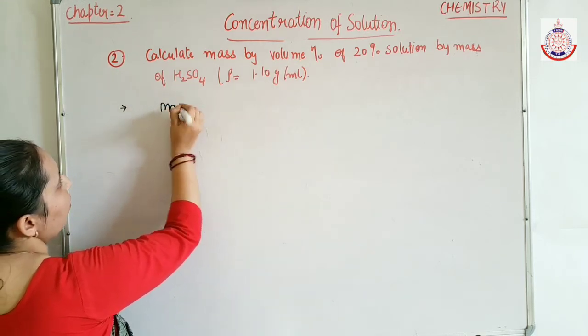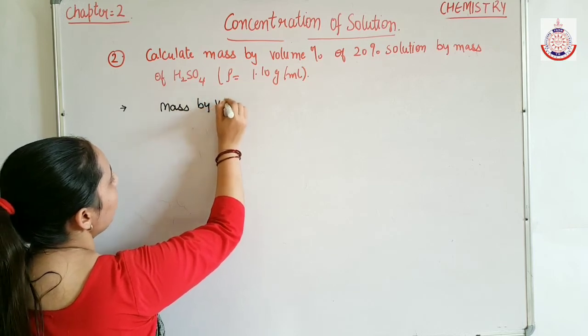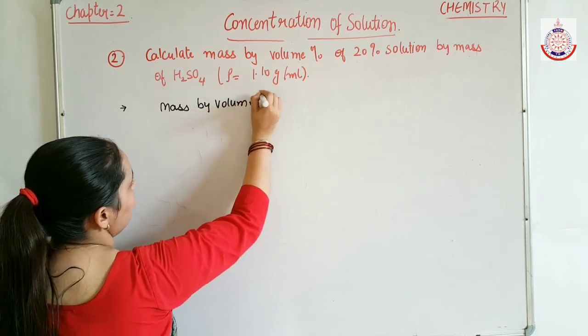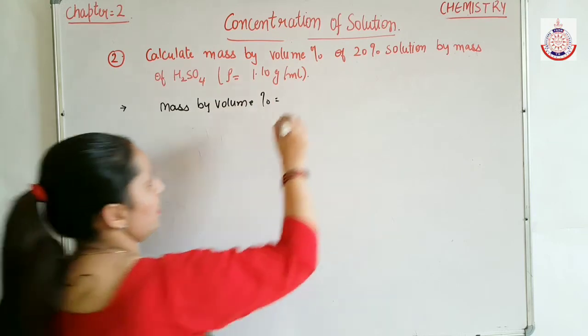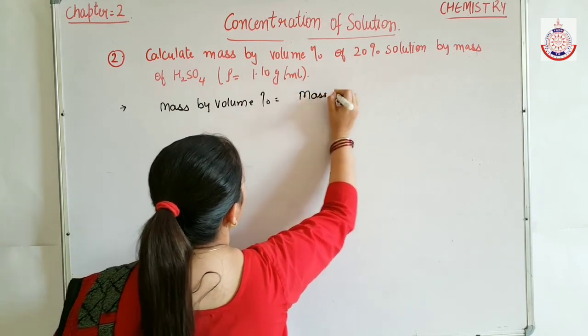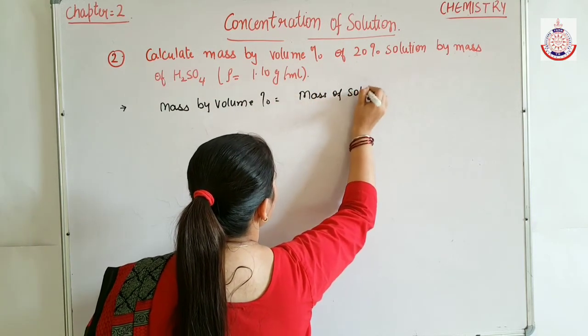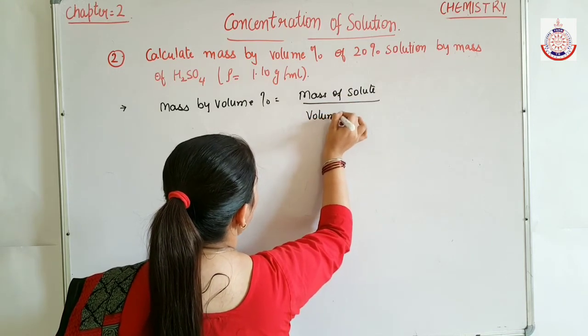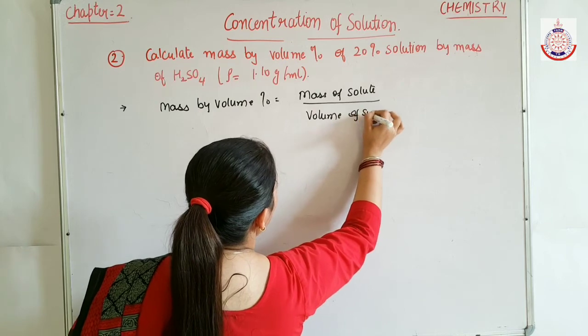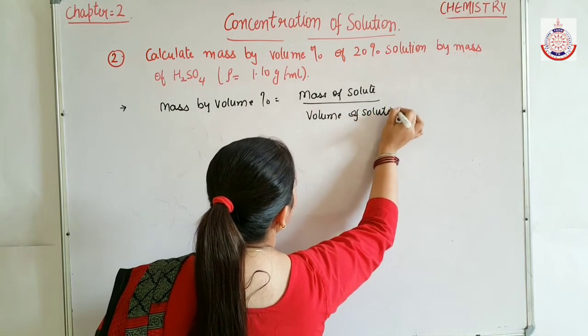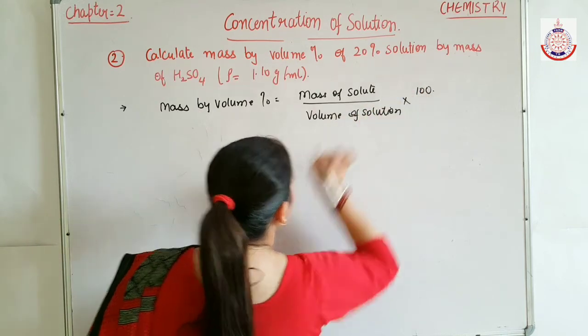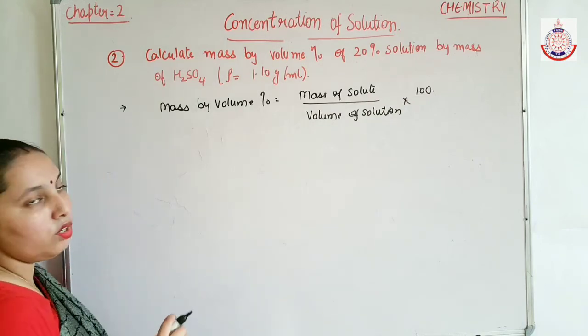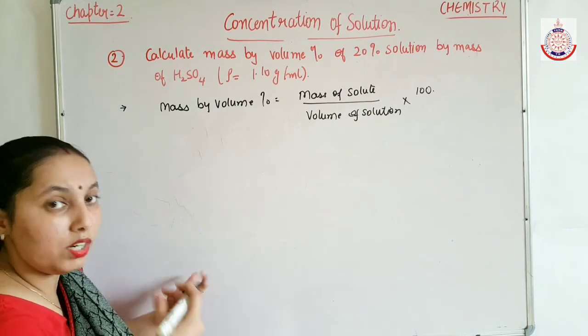We have to calculate mass by volume percent. Mass by volume percent means mass of the solute to the volume of solution into 100.